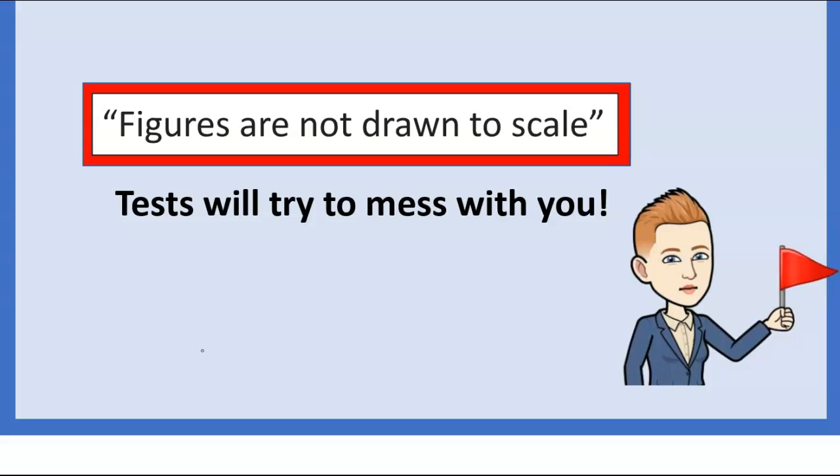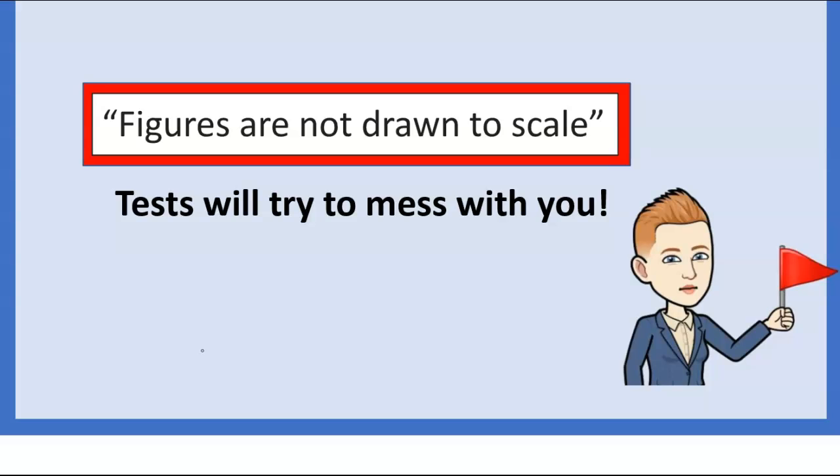Now here's a warning on geometry tests, standardized tests, anything where they bring up geometry. You will see this note probably, something like this. Figures are not drawn to scale or something similar to that. And the reason that is put on tests is because they will intentionally draw things that look non-congruent when they are congruent and vice versa.